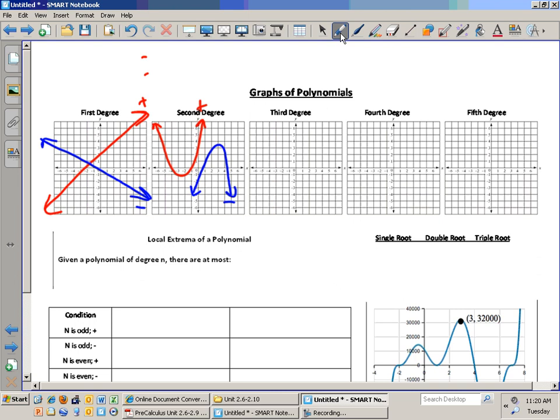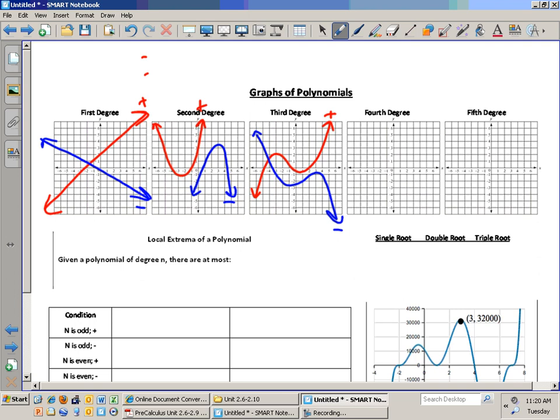A cubic. Third degree looks something like that. If it's positive, it starts down, it finishes up. How about if it's negative? Yep, just the opposite. It will start up here, and it'll finish down like that.